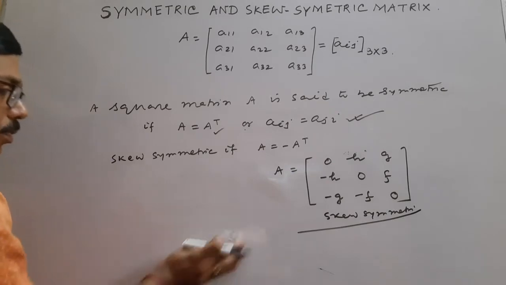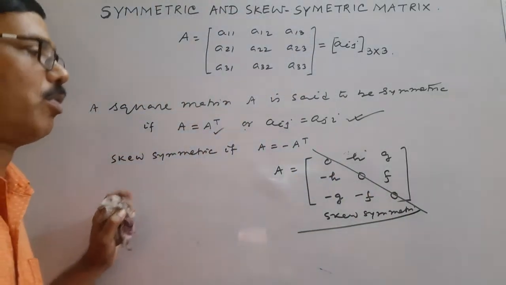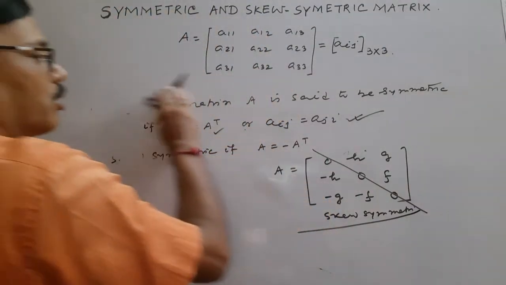Now, why are the diagonal elements 0 for a skew symmetric matrix? So, theorem.